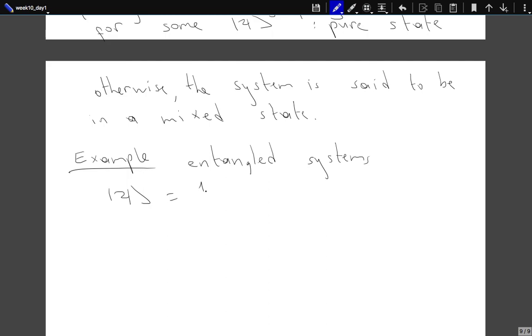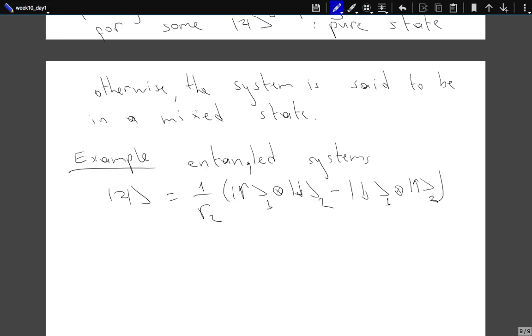If the wave function of my system is this one, spin 1, spin 2, then system 1, spin 1, cannot be described by a single wave function.